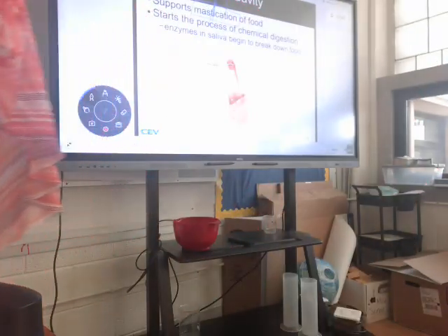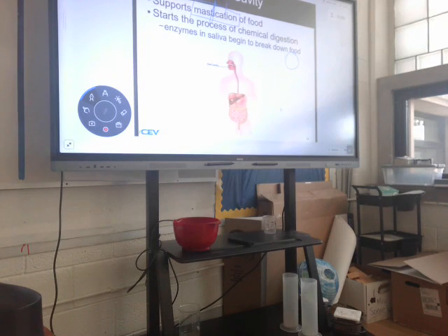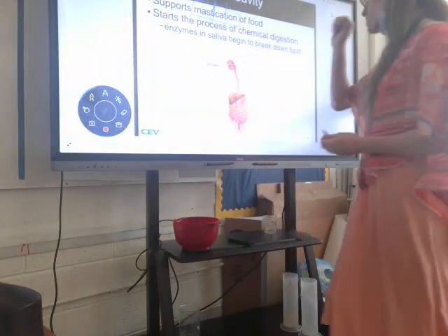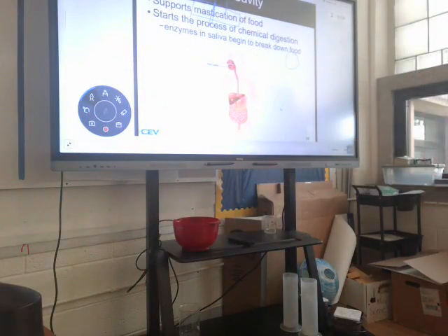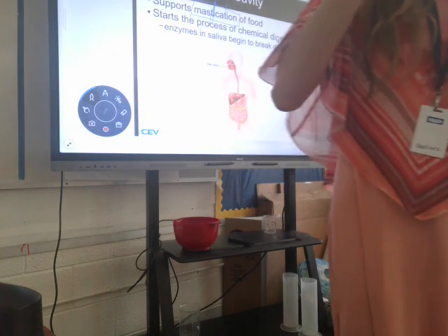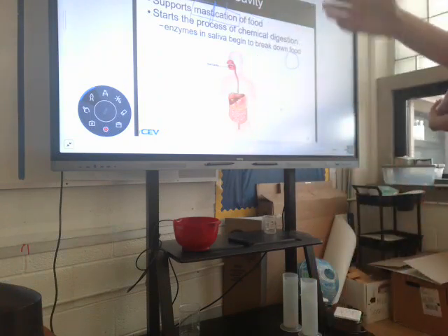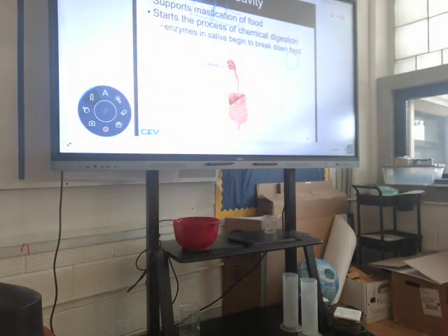This mast or mand prefix deals with the jaw and the mouth cavity. So that's why we call it mastication of food. It starts the process of chemical digestion. We do have enzymes in the saliva, but we're primarily dealing with mechanical digestion, the actual breaking up of food. We're also dealing with the enzymes in the saliva beginning to do the chemical digestion as well.